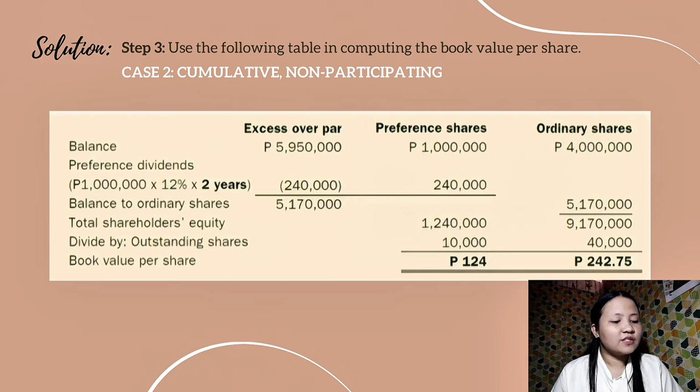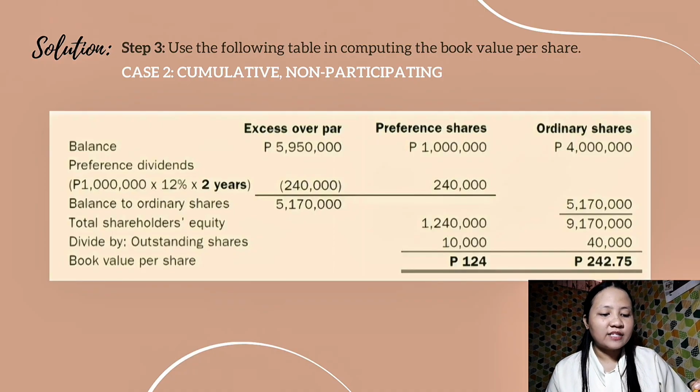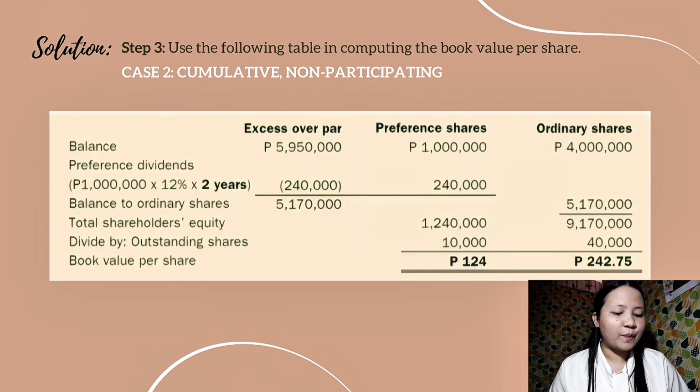Upon solving, we multiply the 1 million by the 12% fixed rate, and then multiply by 2 years, so the preference share is entitled to 240,000 preference dividends. It will be deducted from the excess over par. So the balance we carry over to the ordinary share is 5,170,000.